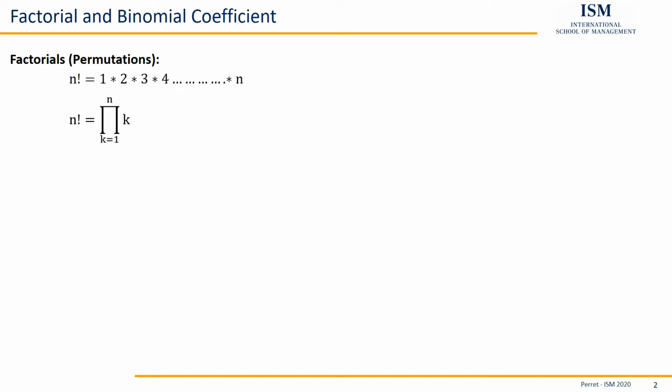Well, there's only one possibility, where we have nothing, and that's the one way to arrange nothing. So we can keep in mind that 0 factorial is always 1. Well, let's have a look at an additional example. Here we have 5 factorial, so 120 possibilities to arrange something.